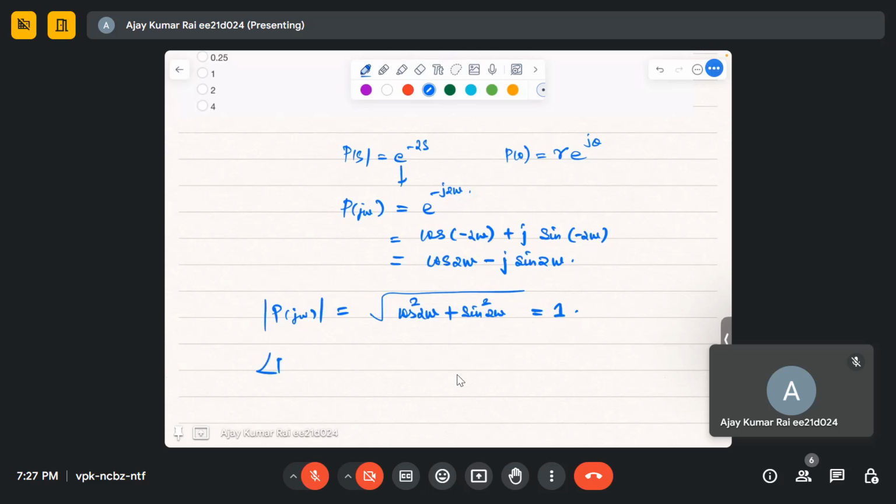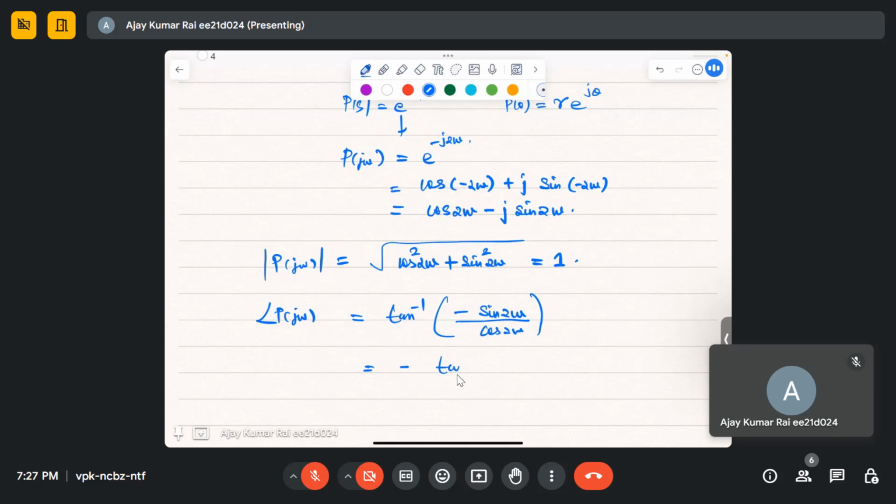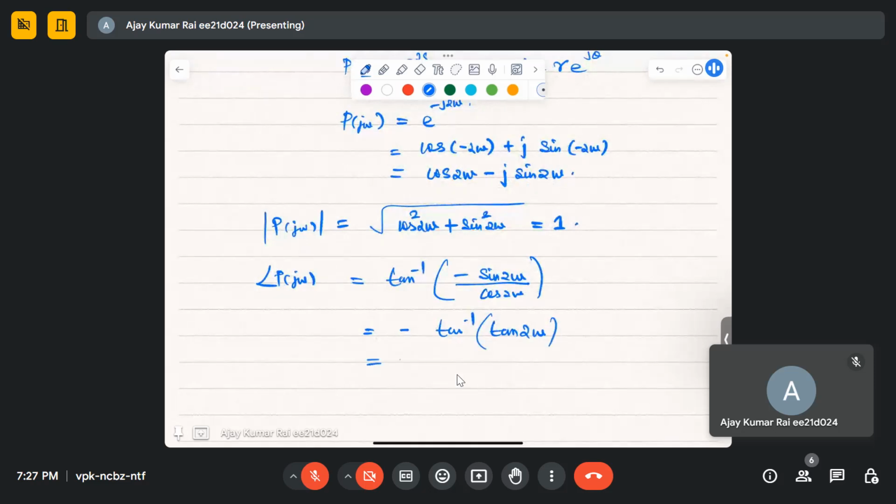Going by this, you get tan inverse of the imaginary part, which is minus sine 2 omega, over the real part, which is cos of 2 omega. Taking minus outside, that is equal to tan inverse of tan 2 omega, which is equal to minus 2 omega.